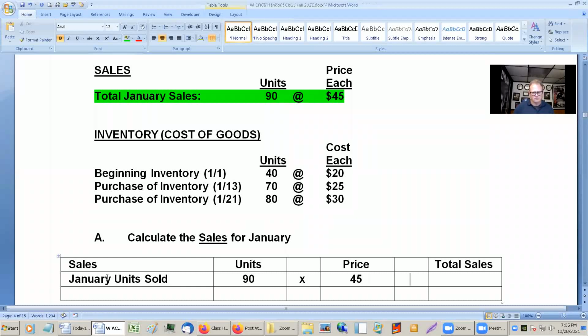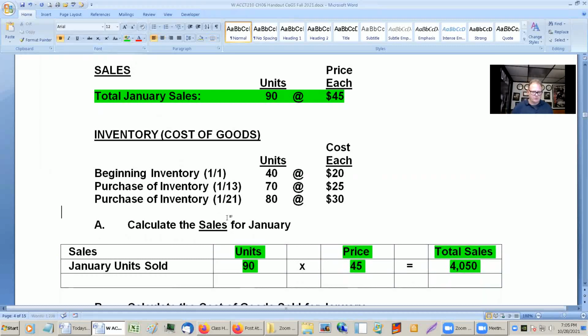That's 4,050. 2050. Like that. Yep. And so we sold 90 of those.